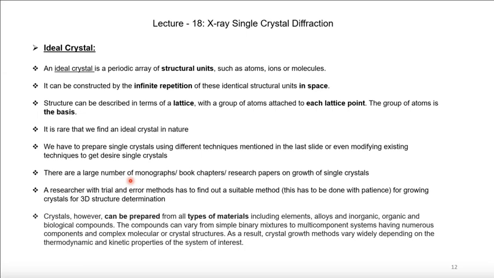So in the next lecture we will take up single crystals systematically: how we pick up a crystal, how we grow a crystal, and how we align a crystal. All these things we will take systematically.